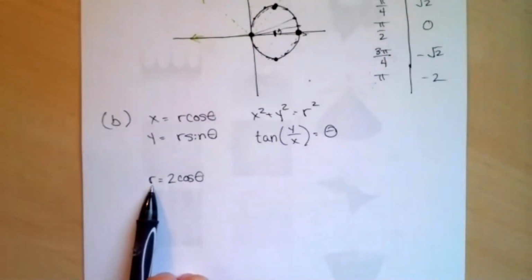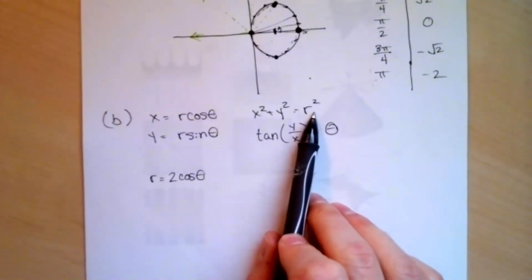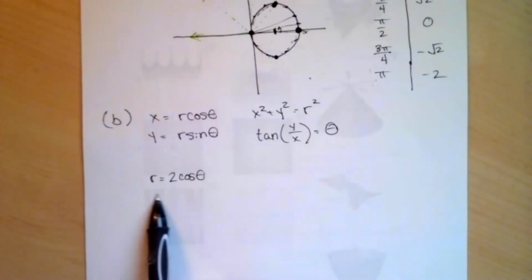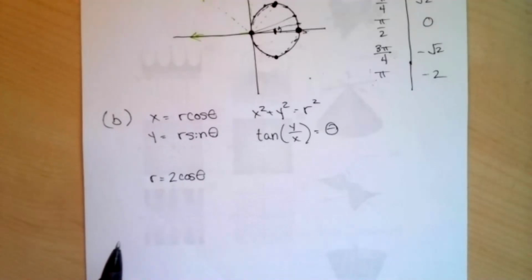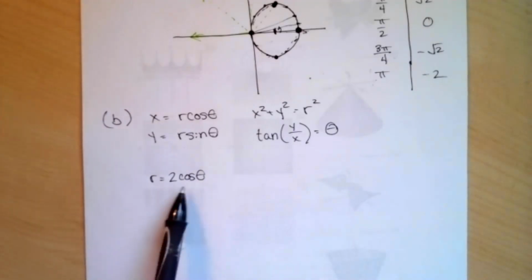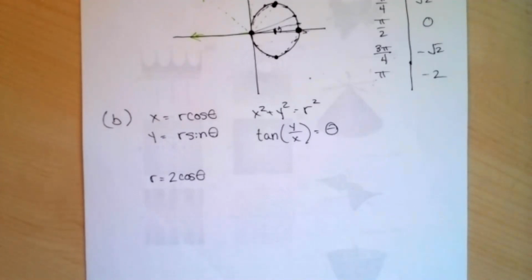One thing we can do, so r, we could take a square root and say r is square root of x squared plus y squared. And then 2 cosine theta, we can back substitute for x. We could also try to manipulate this equation a little bit, like if we square both sides to come up with a formula for it. You want to be careful with doing that, of course. Squaring both sides of an equation sometimes gives you some extraneous solutions.